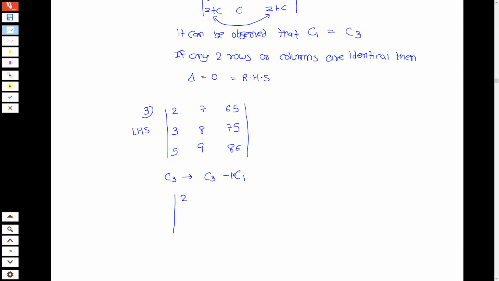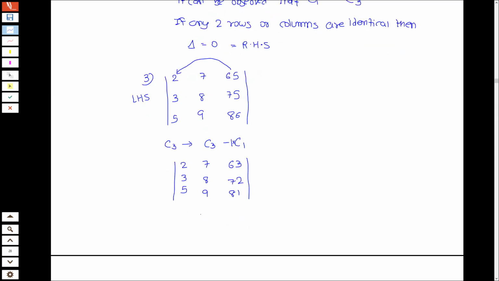So column 1 as it is, column 2 as it is. In column 3, 65 minus 2 will give you what? 63. Here 72. Here 81.